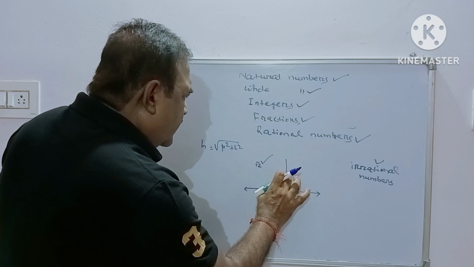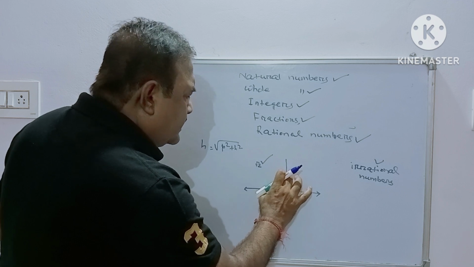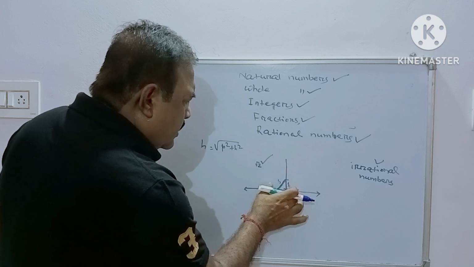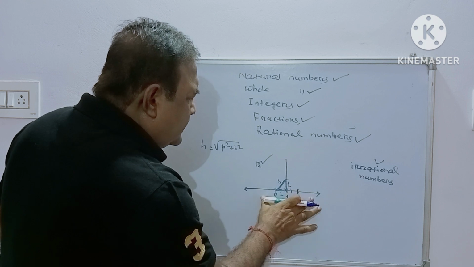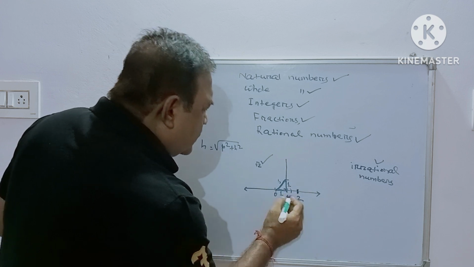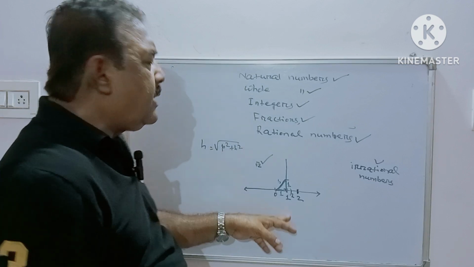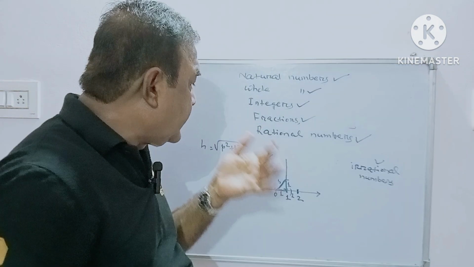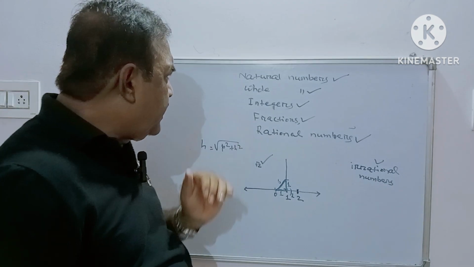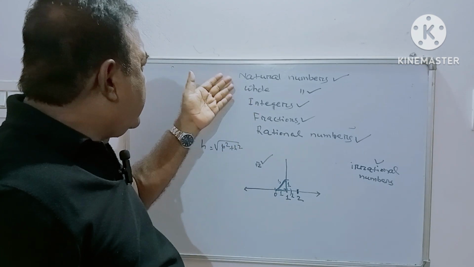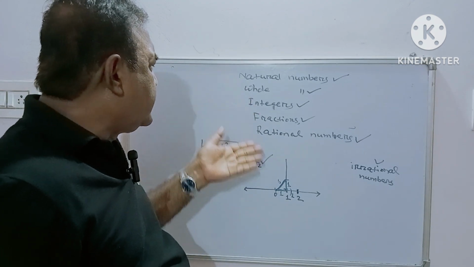My point is, natural numbers, whole numbers, integers, fractions, rational numbers and irrational numbers, all these numbers we can show on the number line. These are realities, so all these numbers are called real numbers.